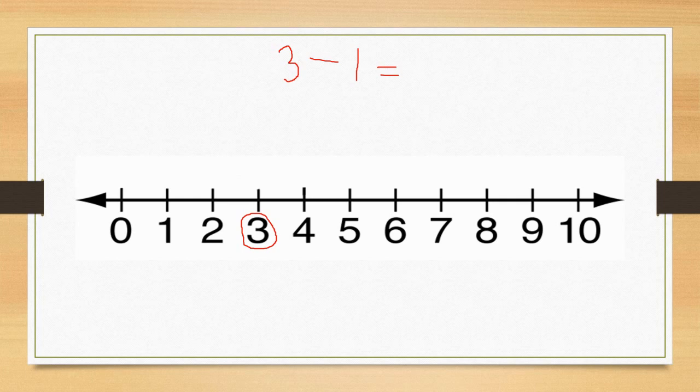Yes, very good. If the number 3 is given on the number line and we take away 1, then it gives 2, which means our answer is 2. 3 minus 1, or take away 1, is equal to 2. Good job.